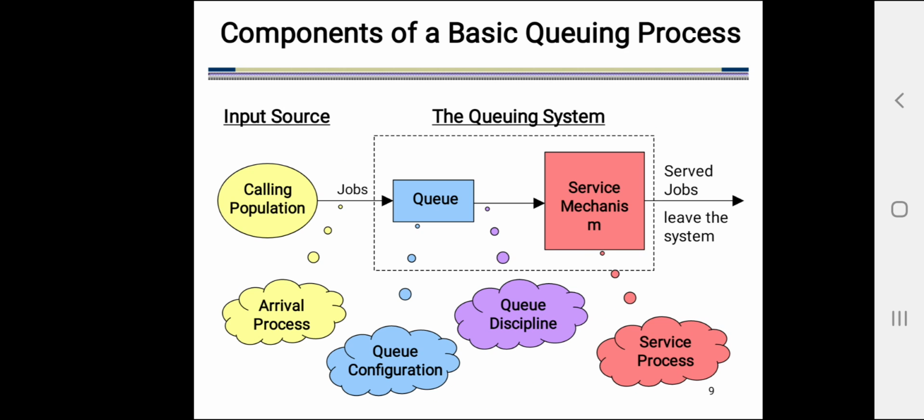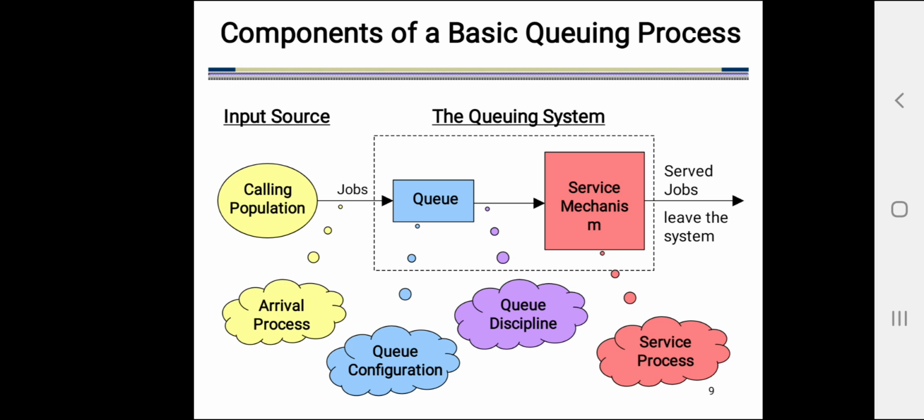If you divide the components of queuing systems, there is the input system, the calling population; they arrive, then a queue is there, and then the service center is there. The queuing system consists of a queue and a service center. On the screen you can see the job is served and then leaves the system.